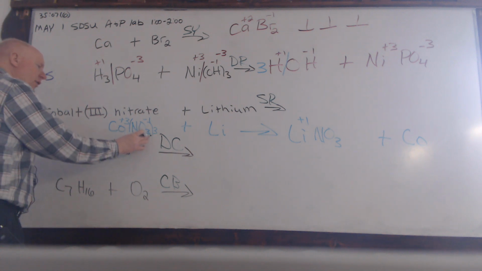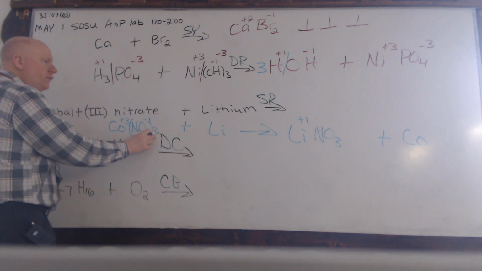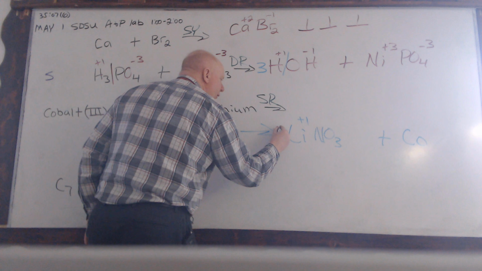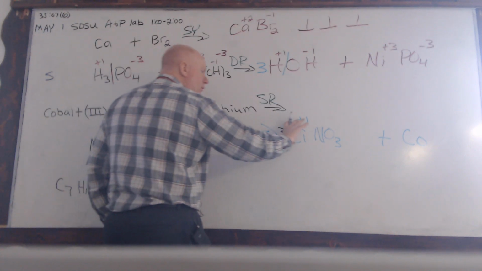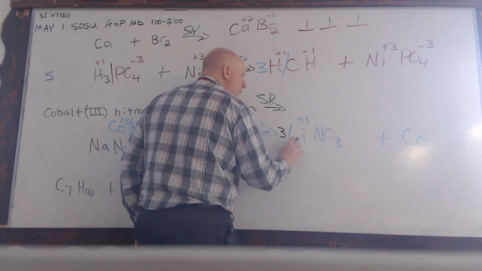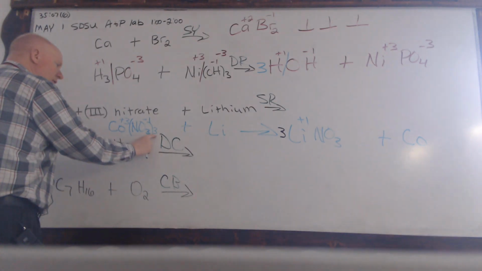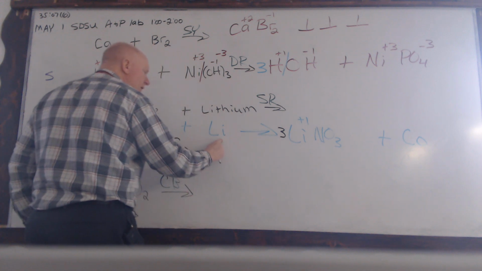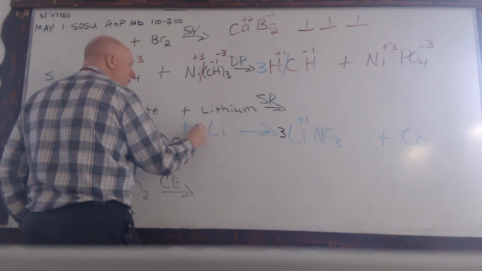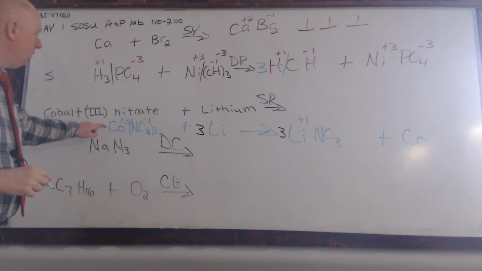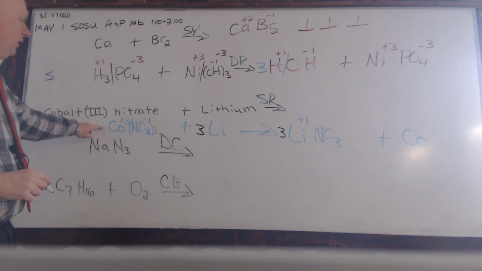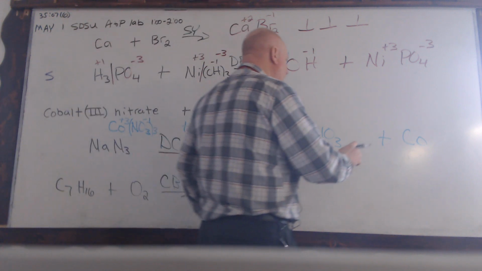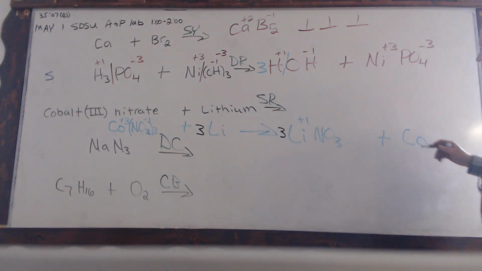We've got 3 nitrate ions here and only 1 nitrate ion here, so we'll go ahead and put a 3, distribute that through the entire compound. So now we've got 3 nitrates, 3 nitrates. We've got 3 lithiums to 1, so we would put a 3 here, and then there's a 1 in front of here. We're just going to leave it as a 1, and then we've got 1 cobalt over here, so we can leave that as 1.